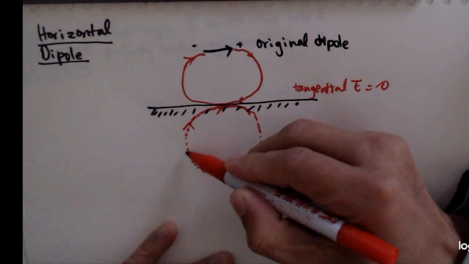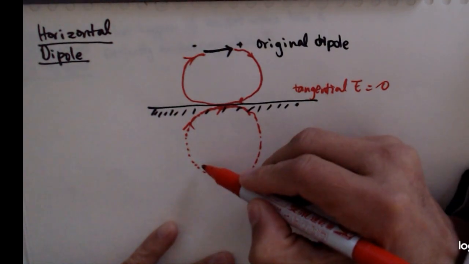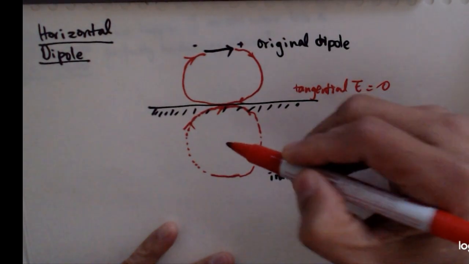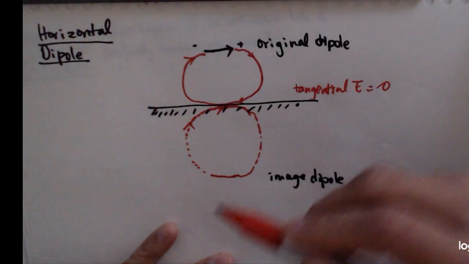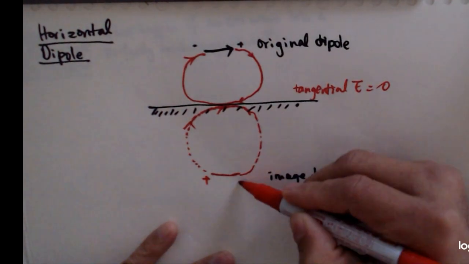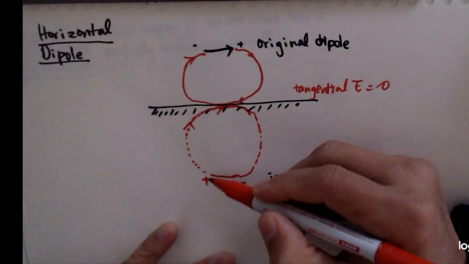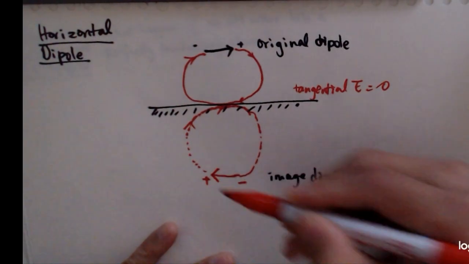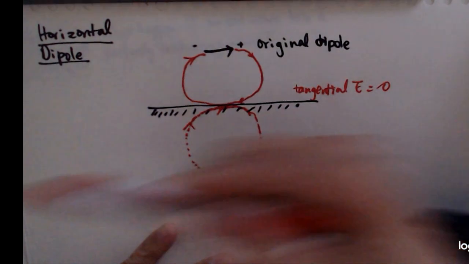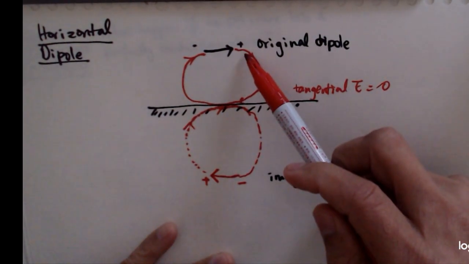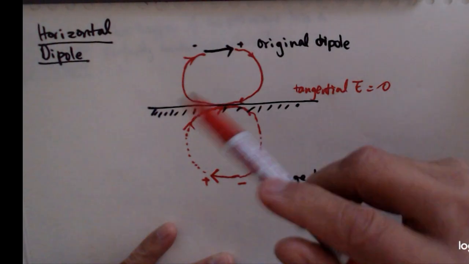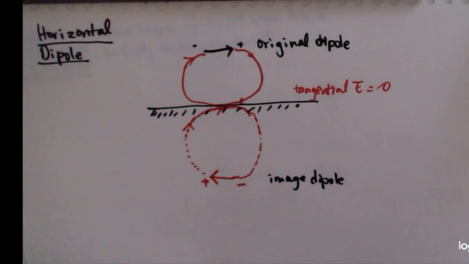For the dipole to produce an electric field in a clockwise direction, the dipole should have a positive end here and negative end here. So we can conclude that the image dipole is pointing to the left, while the original dipole is pointing to the right. So this is the horizontal electric dipole.